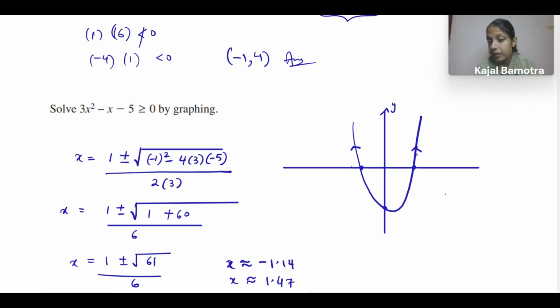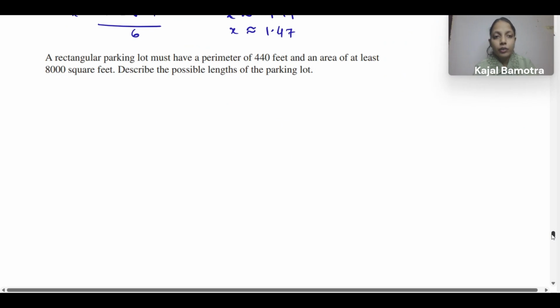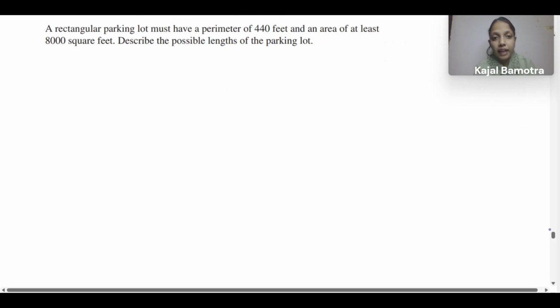So the solution is when x is approximately greater than 1.47 or x is less than negative 1.14.